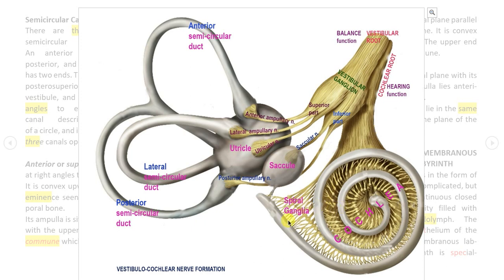We have seen in general anatomy that these are bipolar ganglion cells, just like the retina and olfactory neurons. So the special sensory ganglia are always bipolar. So this is not a single connection like this. This is an aggregation of all these ganglion cell bodies.